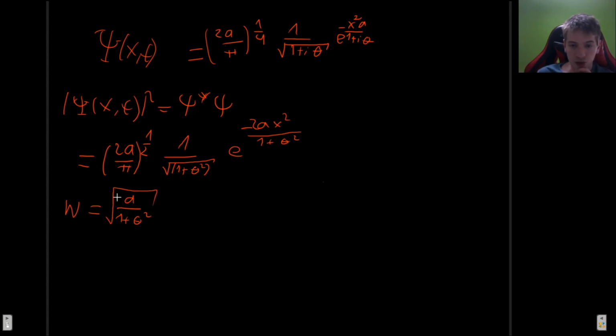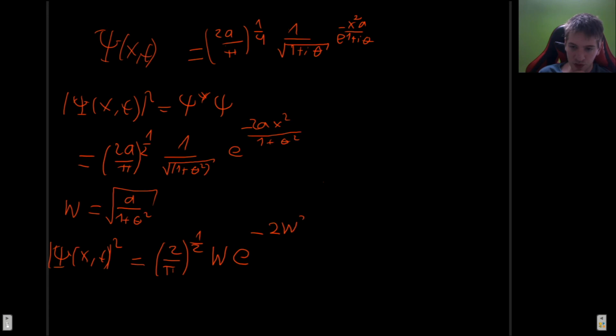When we do that, we get that psi of x and t, the probability density, is going to be: instead of 2a divided by pi, we just give the 2 and pi together to the 1/2, and then this right here is the square root of a divided by 1 plus theta squared, which is just w, so w, and then we have e to the minus 2 times w squared times x squared.